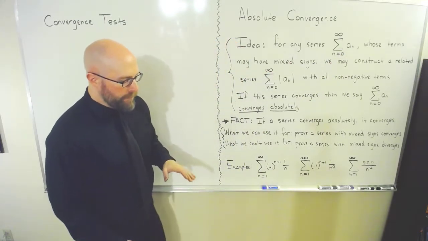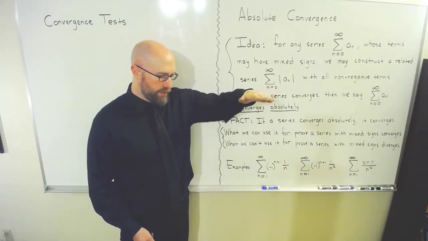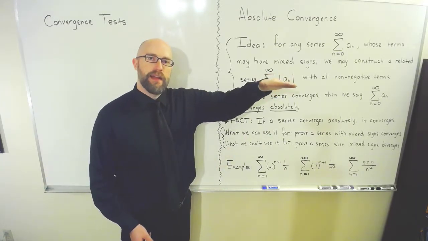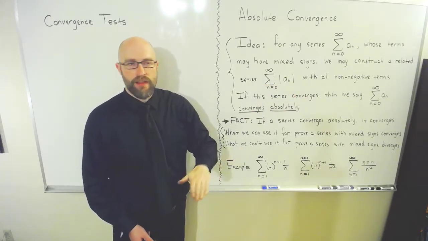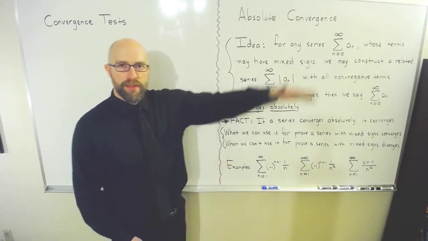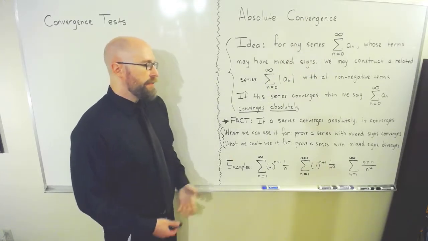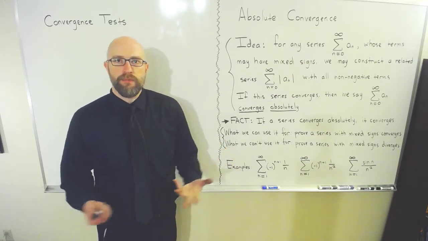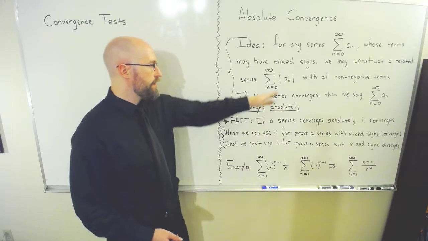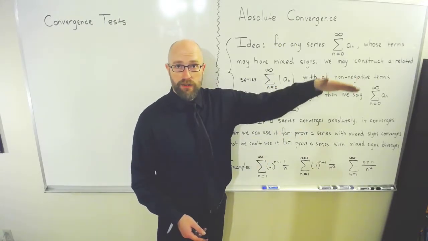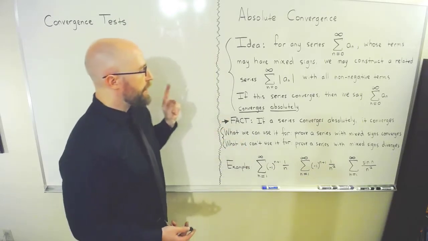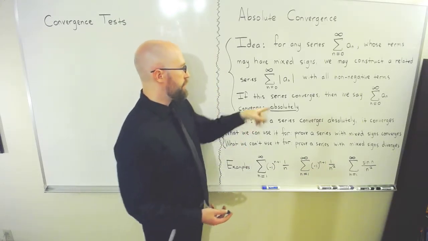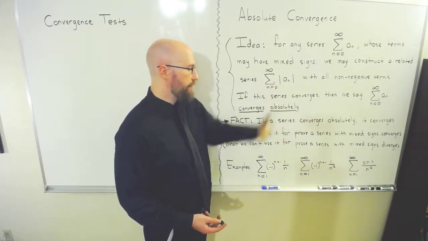So when I make something bigger, then if the big thing converges, it's reasonable to think that the smaller thing would converge. But if the big thing diverges, that doesn't tell me anything about whether the smaller thing diverges or not, because I could have made it much bigger to where now it diverges when the original one converged. So I can only tell it converges by this method. I can't tell it diverges.